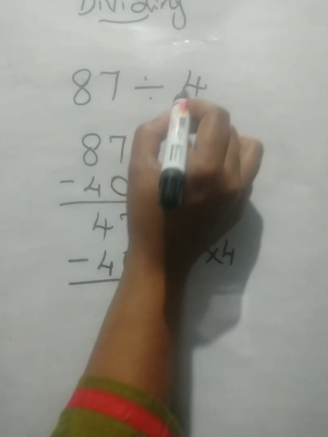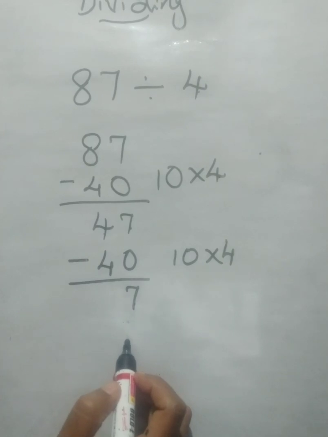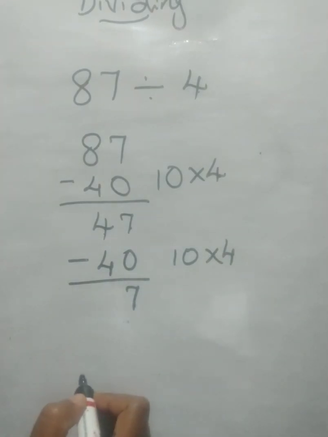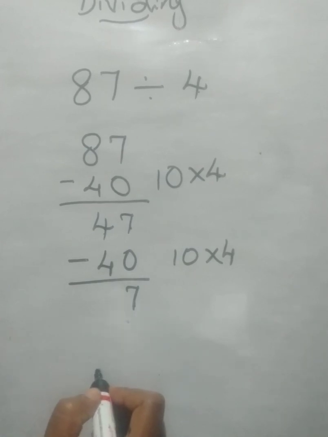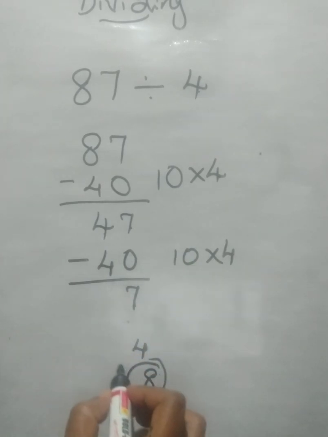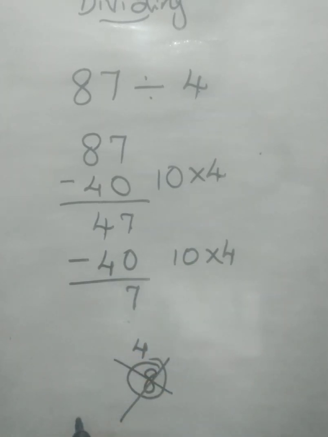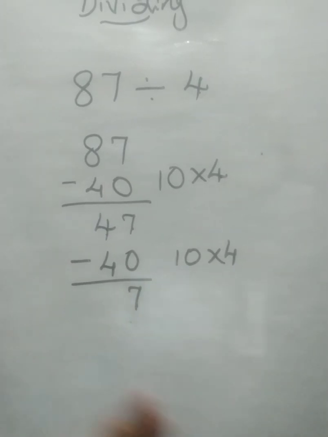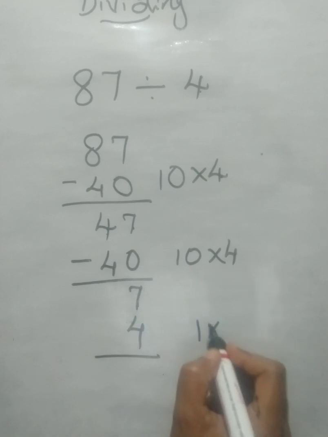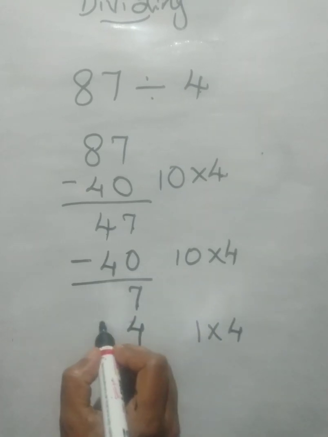7 is greater than 4. So, how many 4s are there in 7? 1 four is 4. 2 fours are 8. But 8 is greater than 7. So, we can't consider this 8. We have to take 4 itself. Then 1 times 4 is 4.